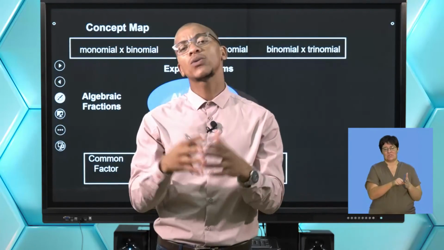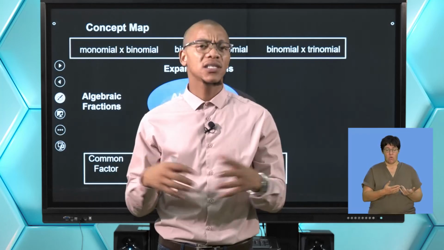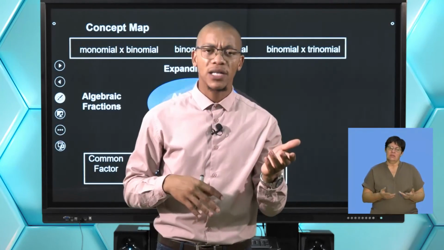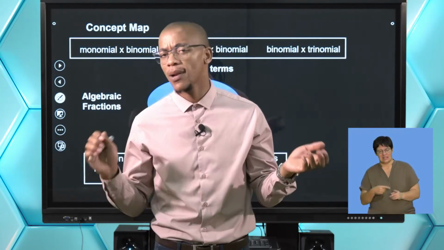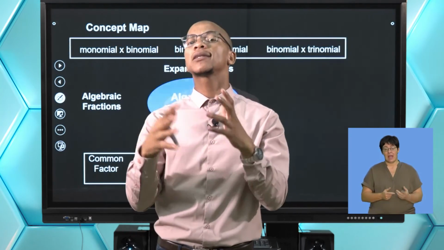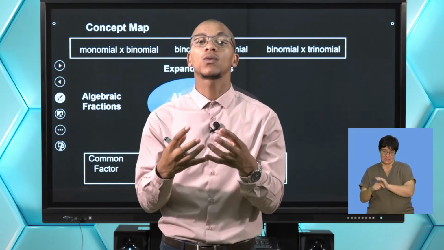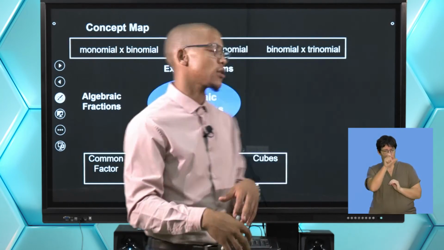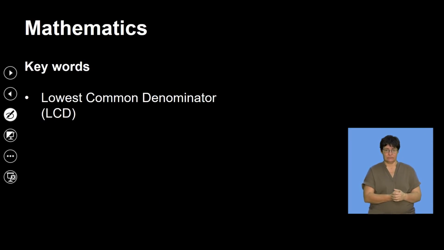So now we're going to look at some fractions. With the fractions, it will be adding fractions and dividing and multiplying fractions. Remember, the opposite of adding is subtracting, right? But let's look at some keywords that we need to look at before doing some fractions. So firstly, we have what you call the lowest common denominator.